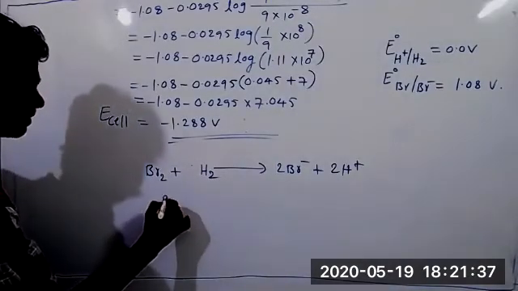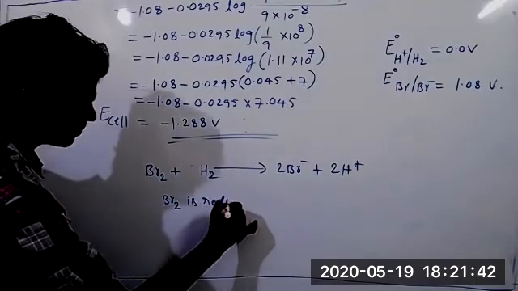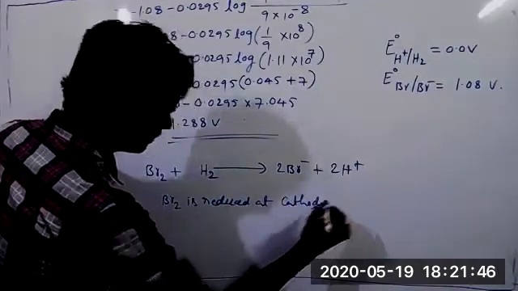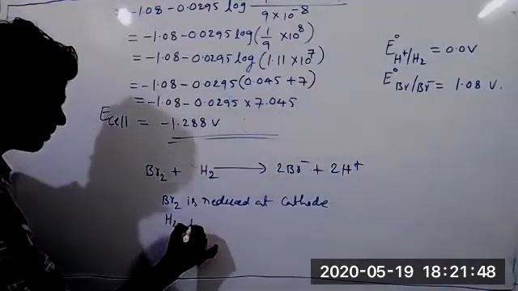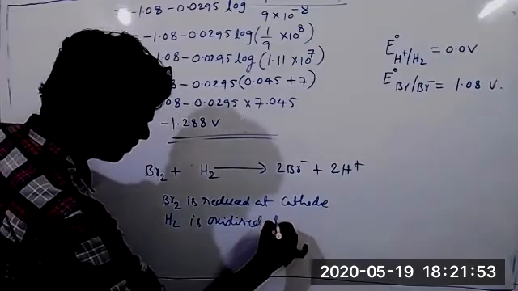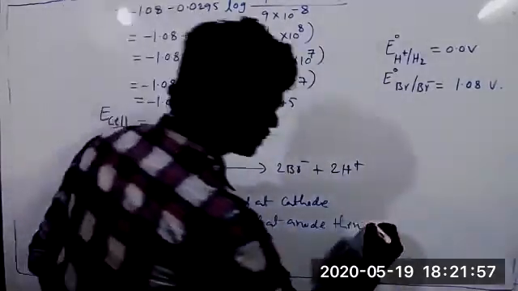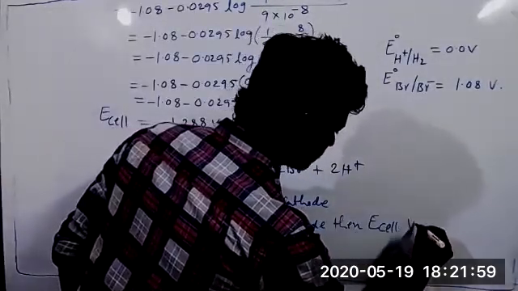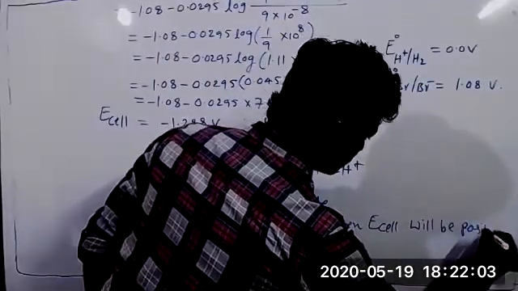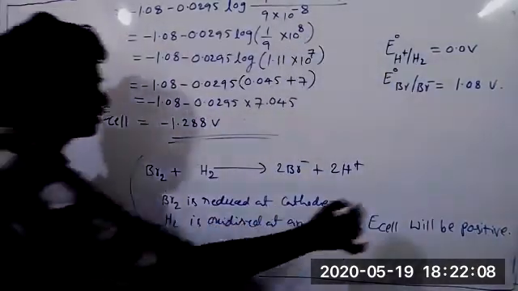So bromine is reduced at cathode, hydrogen is oxidized at anode, then cell potential will come positive. Write this point out.